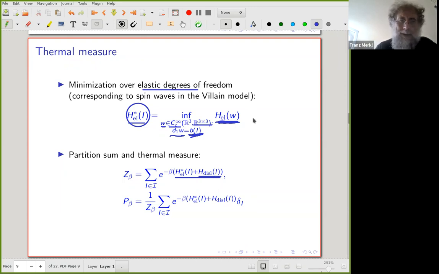So given an inverse temperature beta, beta is 1 over temperature, or if you like, you can put here Boltzmann's constant, which you can think of being 1 in our reference units. So beta is 1 over the temperature. Because temperature is low, you should think of beta being large.